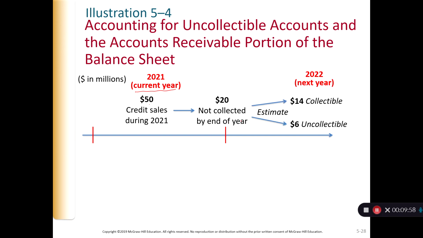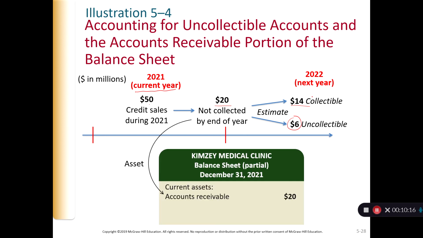Based on your estimation, you believe 6 million out of this 20 million is not going to be collectible, meaning that people are going to fail to pay you, and only 14 million will be collected next year.